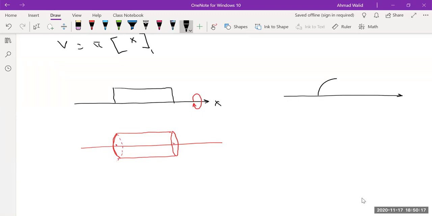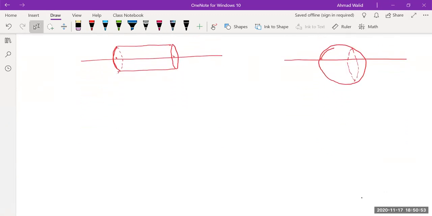Next one. For example, I have half a circle. If I rotate this half circle about the x-axis, the shape that I'm getting here will be a sphere, right? Or some more easy shapes.